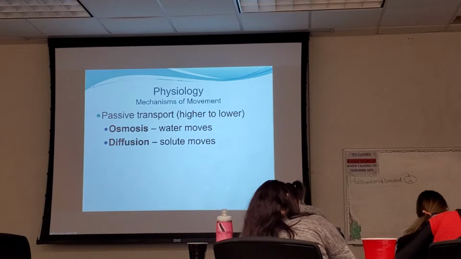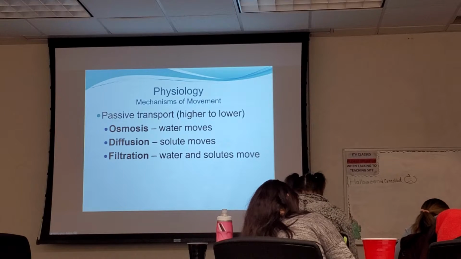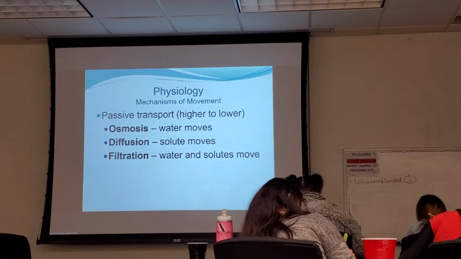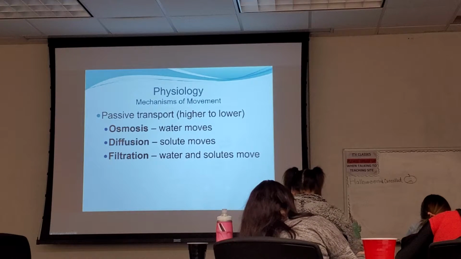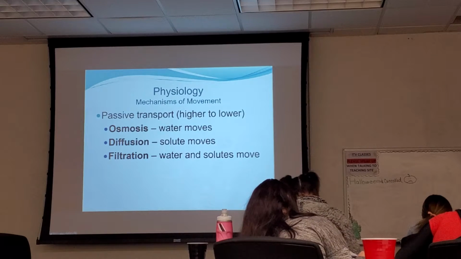Diffusion is when the solutes move, so the electrolytes or the other substances that are dissolved in that compartment. And then lastly, filtration is when both move. I explain each of those processes in more detail in that review, so I'm not going to take time to do that right now because I do want to get to our activity that we're going to do next Tuesday. All right?